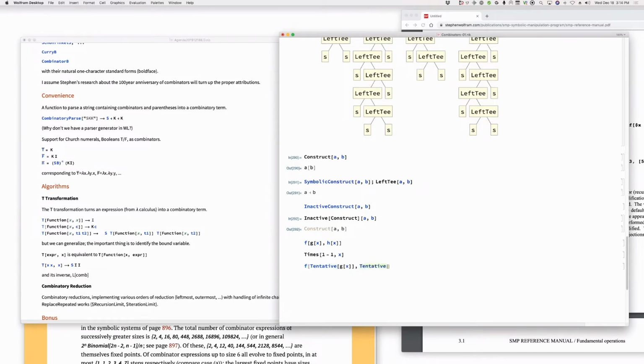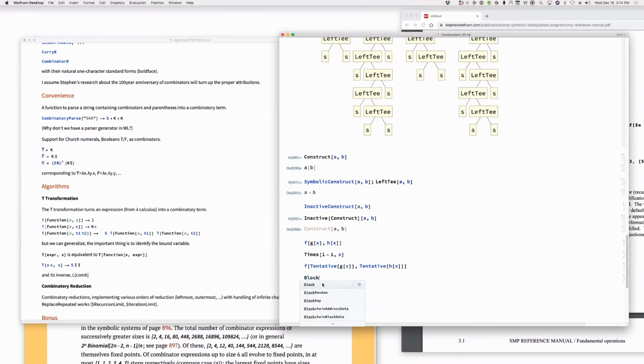Okay. And that what happens is that tentative tries evaluating once, one level, like having a very small dollar recursion limit or iteration limit. That's true. So what would happen if we do, okay, let's try that.